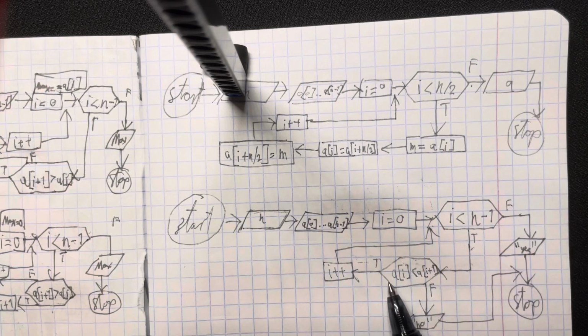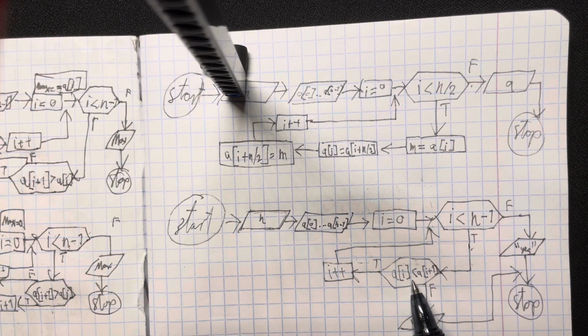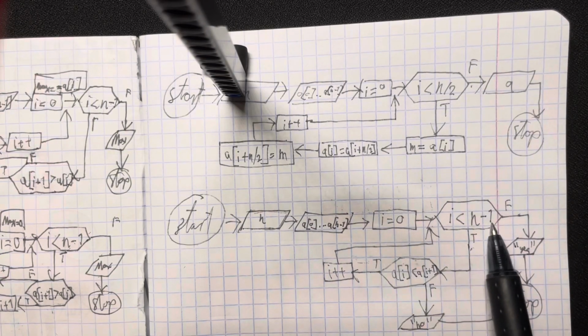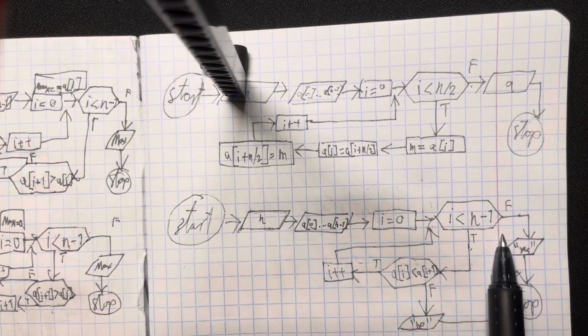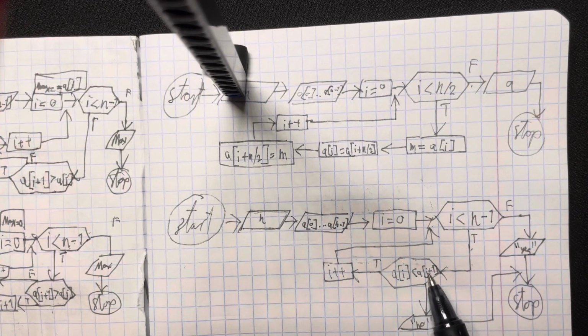And here we would change this condition to see whether AI is smaller than AI plus 1. So this one stays. Or so you could modify this part of the flowchart, and you would get descending order. Or you could modify this part of the flowchart and get also descending order.